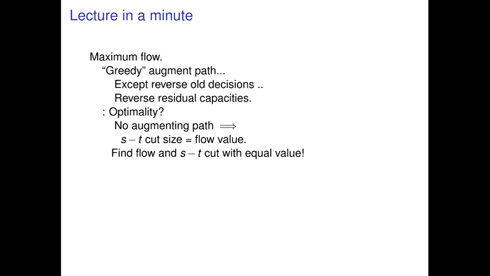That's what the residual graph is doing. Okay? And now the question is, even now you're like, oh, if I undo everything I did before, why am I making progress? Why do I make progress if I'm undoing stuff?